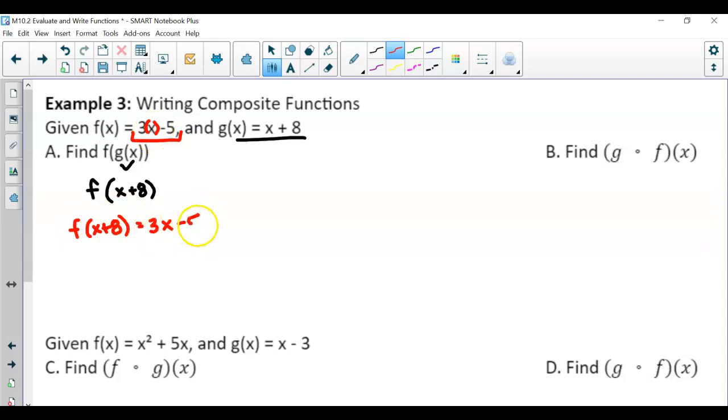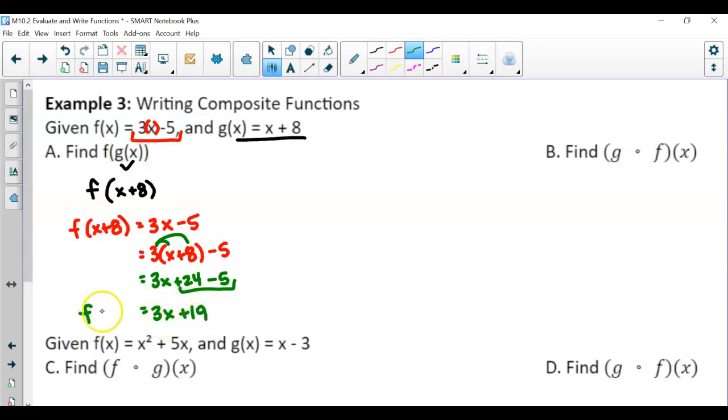So this is 3x minus 5, which is equal to 3 times what is x? x plus 8 minus 5. So now notice we do need to simplify. I can distribute 3. So this is 3x plus 24 minus 5. And combine like terms. And here the composite function is 3x plus 19. That is f of g of x.